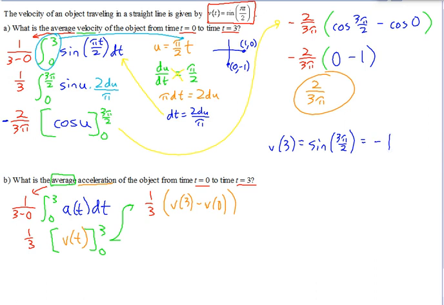So we have 1/3. I just figured out v of 3 is negative 1. And minus v of 0. So v of 0 would be the sine of 0, which is the y-coordinate, which is 0. So that's negative 1 minus 0. So we get negative 1 times 1/3 gives you negative 1/3. Again, we don't have any units on it.